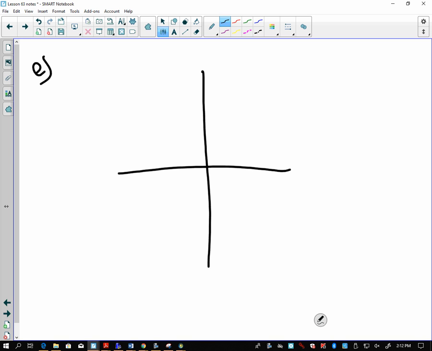Okay, 210 degrees. Well, that's going to be in the third quadrant, right? Because it's past 180. So if my initial side is here, my terminal side is down here. The first thing that I want to do is find my reference angle theta. Well, I'm at 210, which means I've passed 180 by 30 degrees.